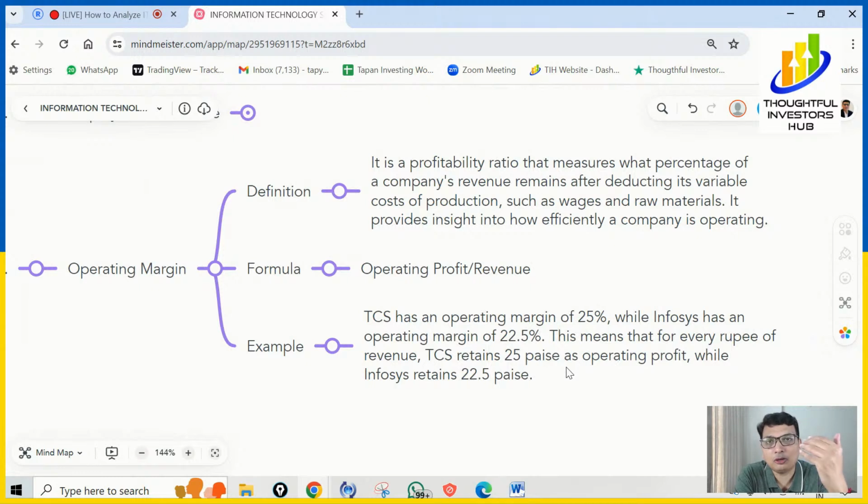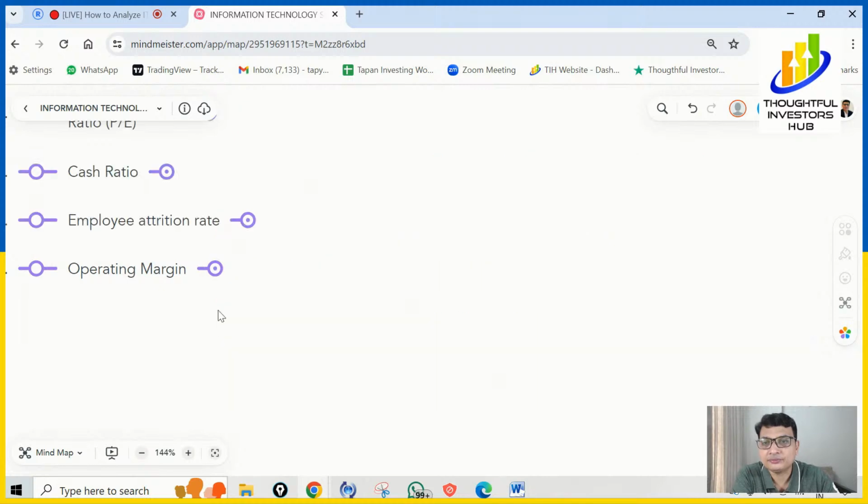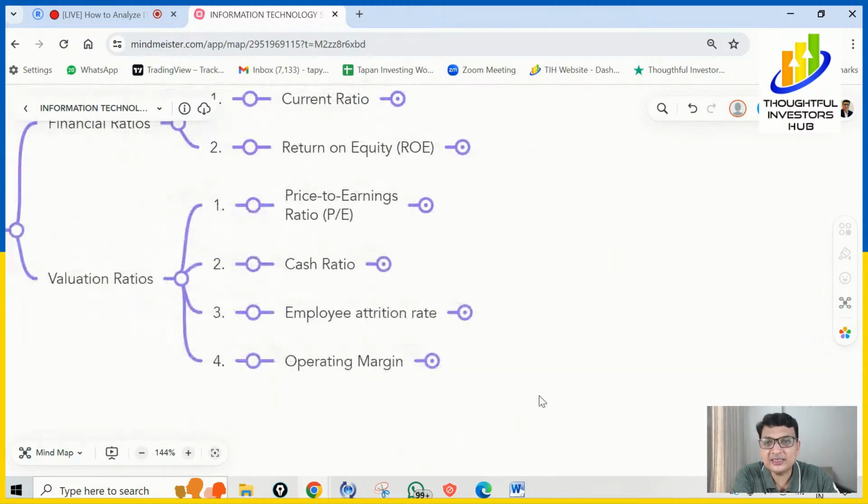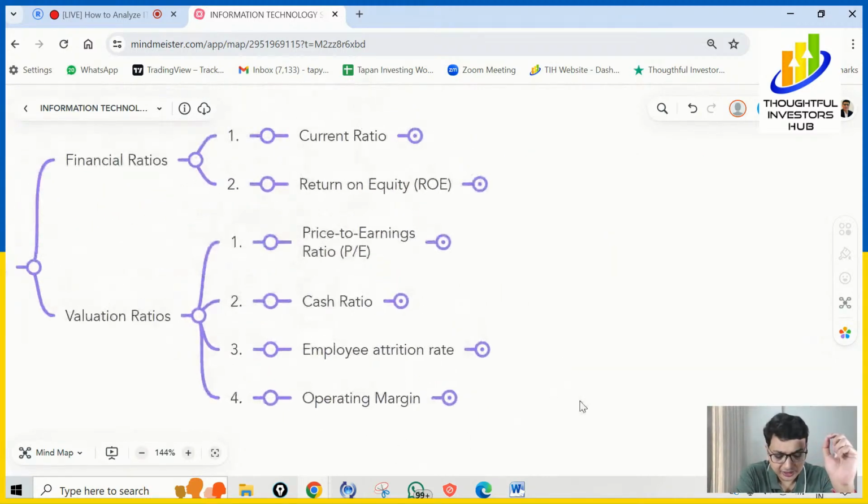Revenue minus raw material minus all the variable expenses, everything you deduct, you are getting operating margins. So basically these are the main ratios: current ratio, ROE, price to earnings P ratio, cash ratio, employee attrition rate, and operating margin.